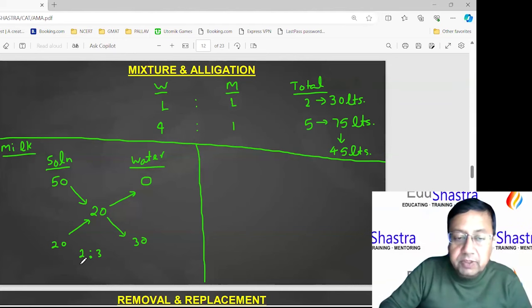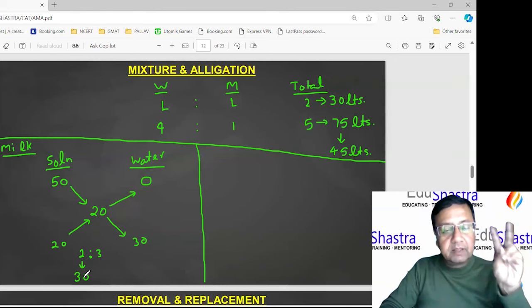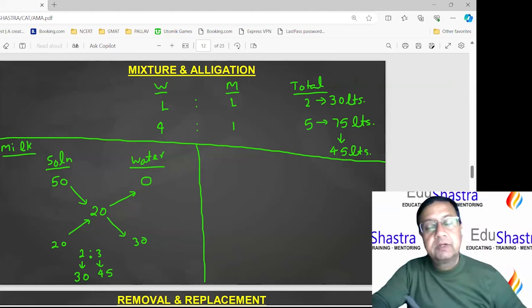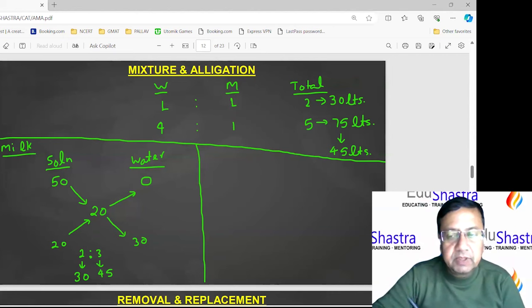And how much solution do you have? We have total 30 liters of solution, right? So if 2 parts is 30 liters, 1 part is 15 liters, so 3 parts is how much? 45 liters. So how many liters of water should be added? 45 liters of water should be added, right? Got this? Any question, any query here?